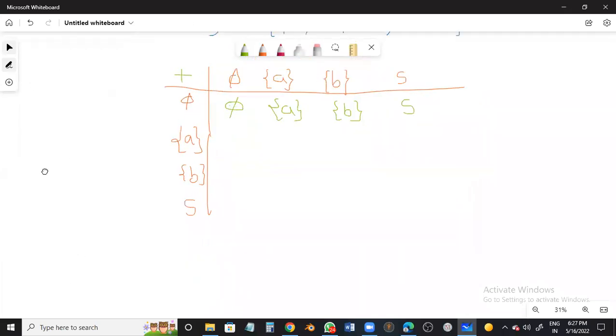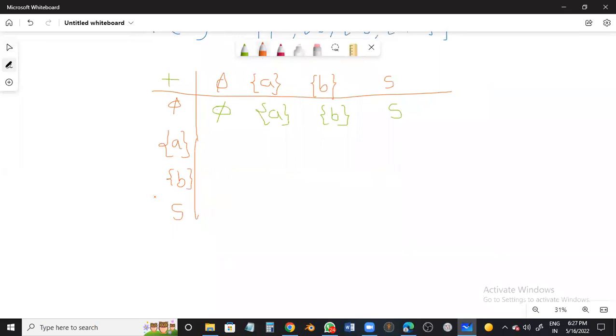Okay. Now let us go with singleton A with phi. It has to be singleton A only. So vertically also let us write down the same kind of thing. And talking of S also, you will get the same result. Okay. Now I would like to go with this singleton A. A union A is A, minus the intersection.